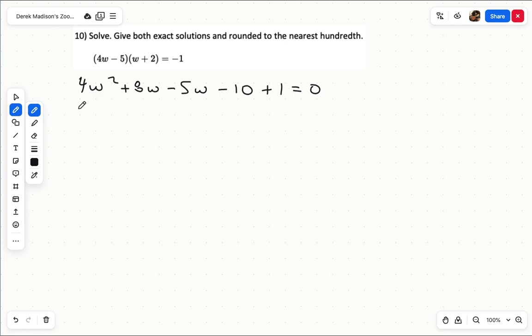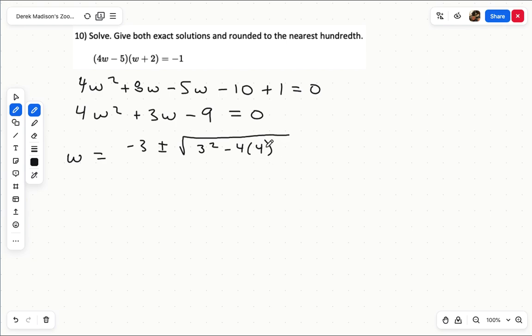And then let's collect our like terms. So 4w squared, 8 minus 5 will leave us a 3w. Negative 10 plus 1 would leave us a negative 9 right there, equals 0. And then from there we can throw it in the quadratic formula. So w equals negative 3 plus or minus the square root of 3 squared minus 4 times a times c, all over 2a.